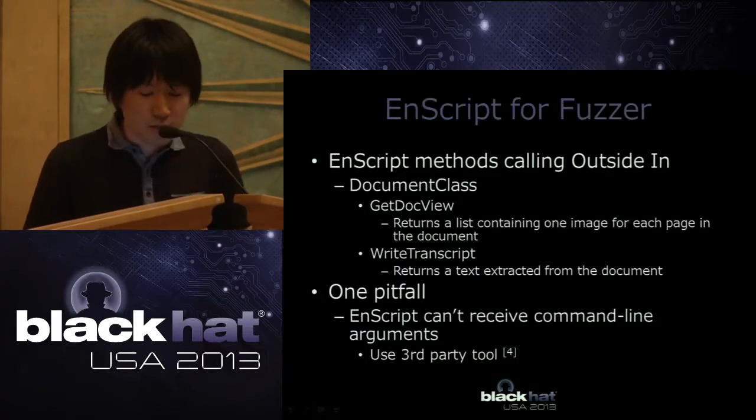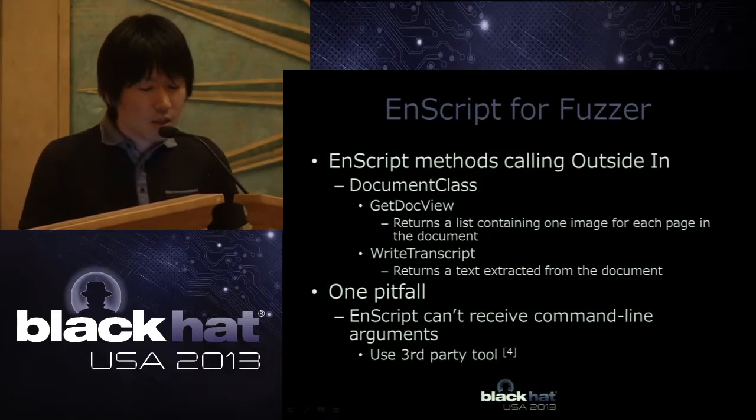We have two methods to call Outside In functions using the EnScript: GetDocView and WriteTranscript in the Document class. I wrote an EnScript to call both of the methods. For your information, usually an EnScript cannot receive command line arguments from EnCase, so I used a third-party tool to pass arguments to the script.